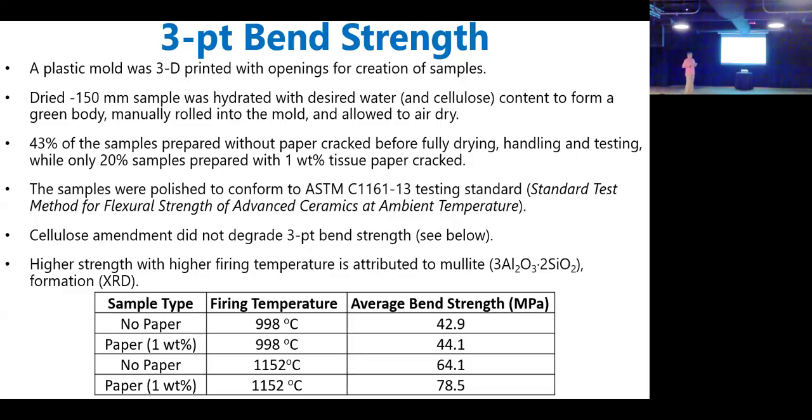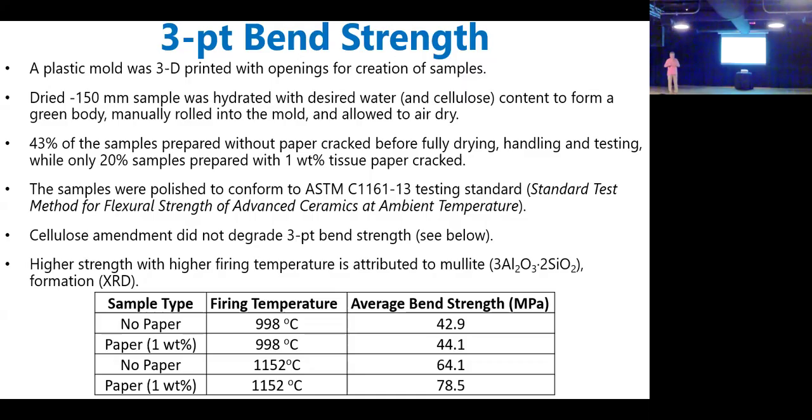What about performance? We looked at 3D bend strength. Really, the paper actually increased the strength a little bit. Now you're saying, well, after you fire it at 1,000 degrees Celsius, the paper's not there, right?